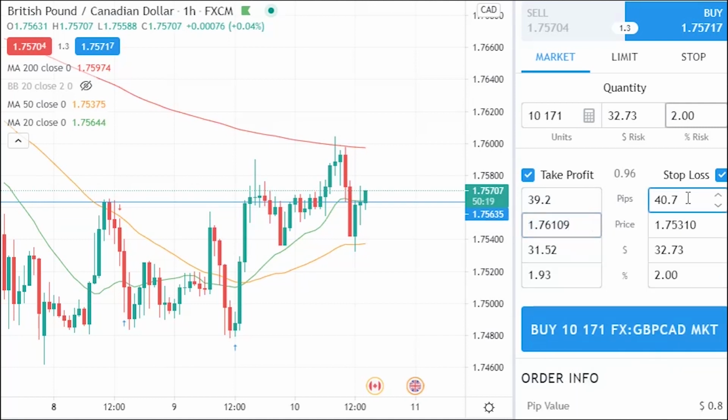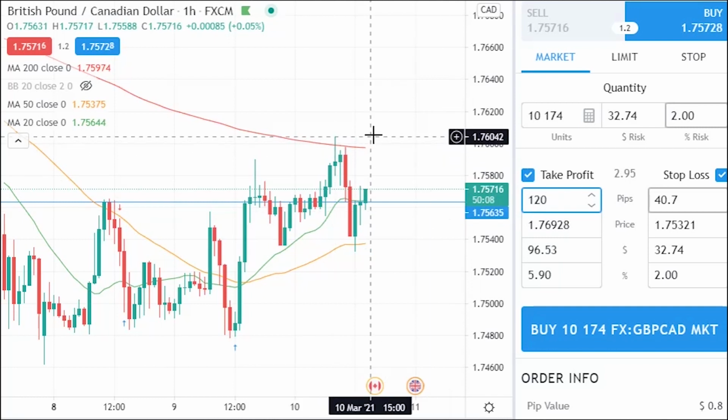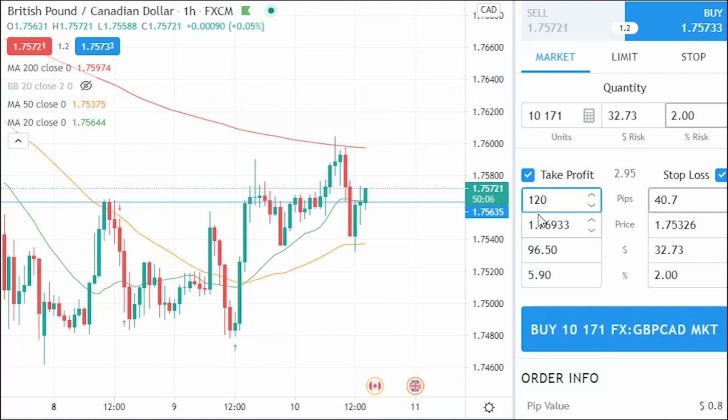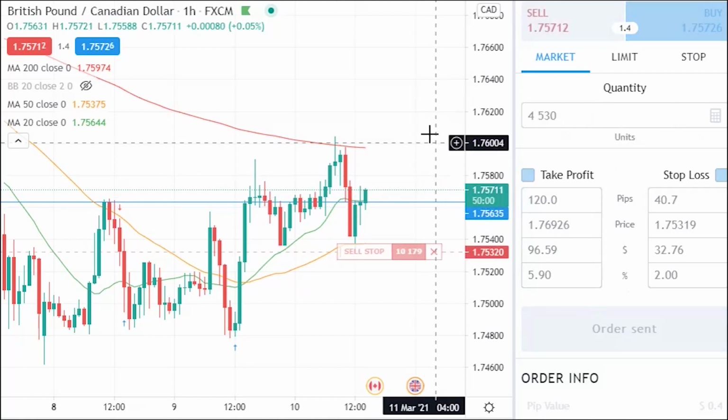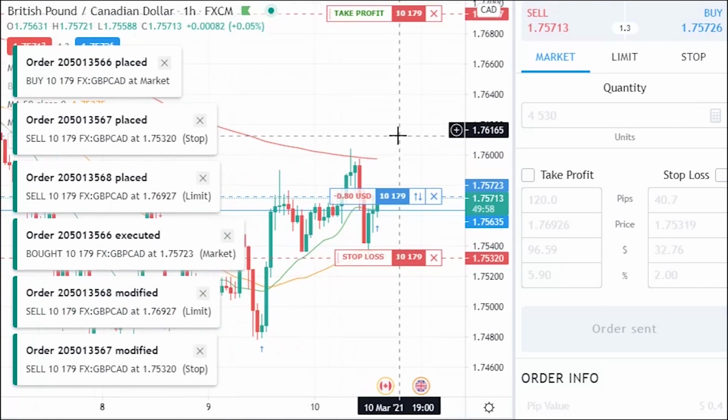Then we want a 3-to-1 risk to reward ratio. I'm going to call that 40, so that would be 120, right? We want our TP2, our final limit, to be 3 times as far away as our stop. So our take profit is 120 if our stop loss is 40. And we'd buy, and it'd look like that.